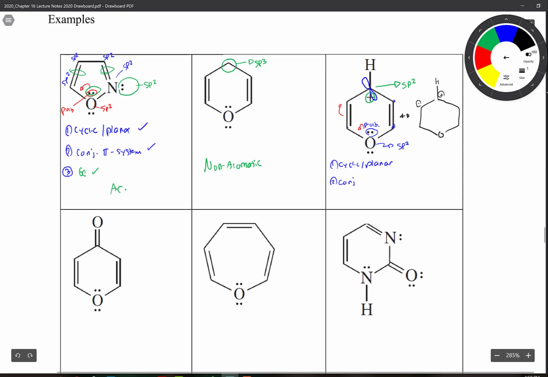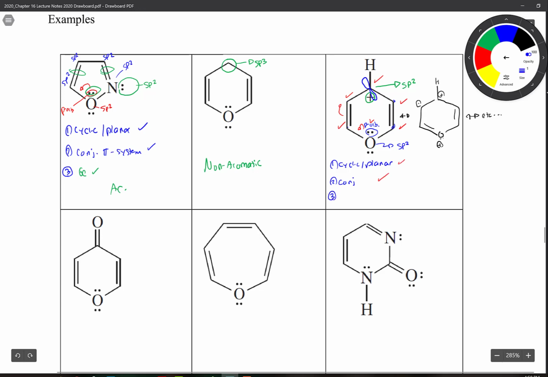That's going to be a pi bond. And again, there are others, so we'll just write etc. there. So anyway, conjugated. A p orbital here, a p orbital, a p orbital, and a p, and a p. So we are planar and conjugated.